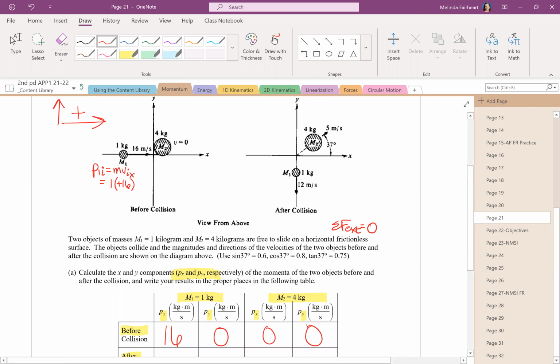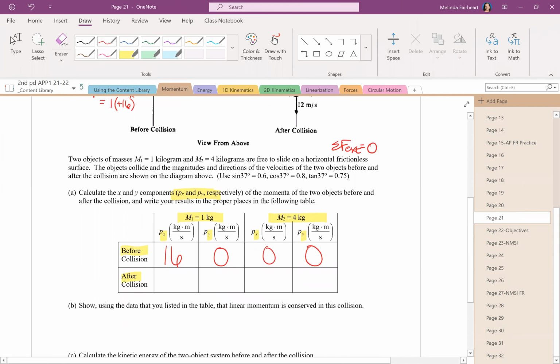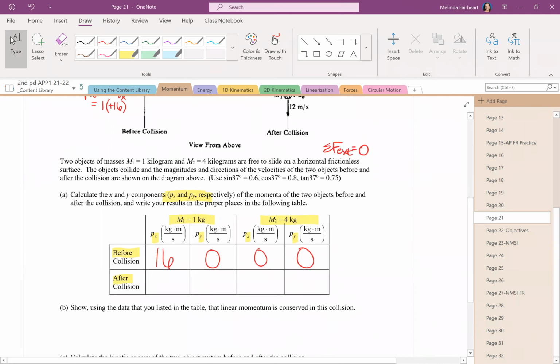No. So 0, 0. Now, it's not an additional problem here, but the sum of all the momentums, x and y, before the collision: the sum of horizontal plus horizontal, 16 plus 0. Vertical would be 0 plus 0. Good deal?